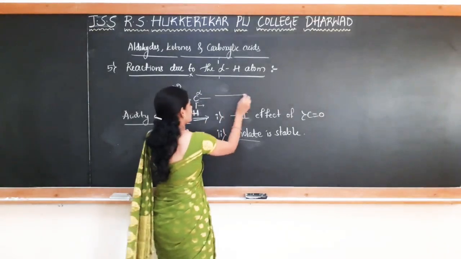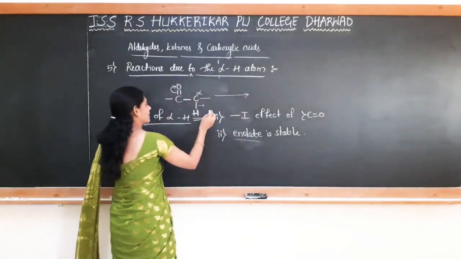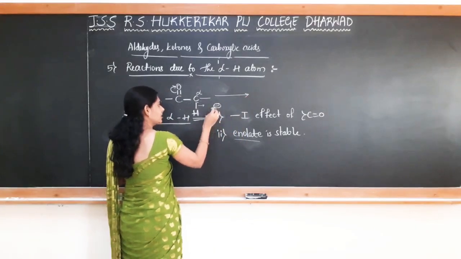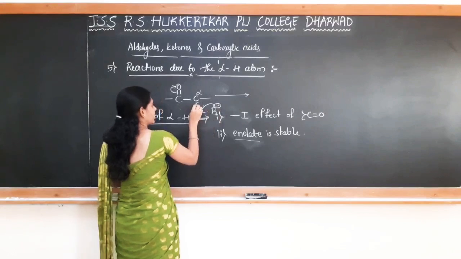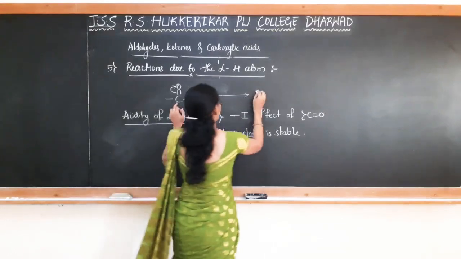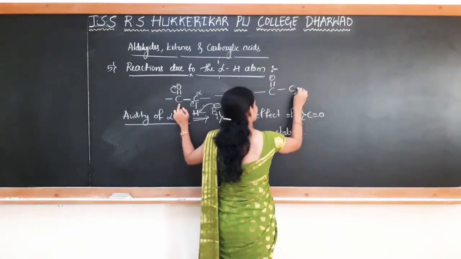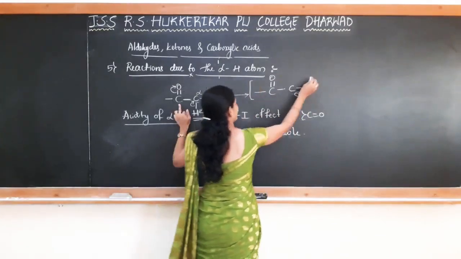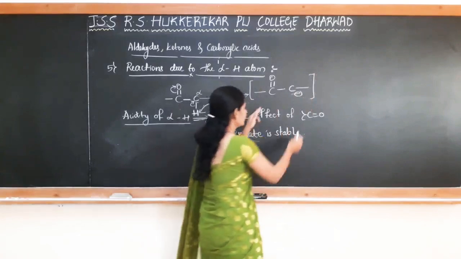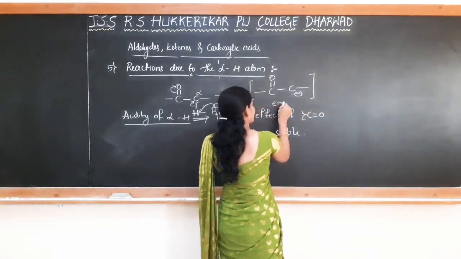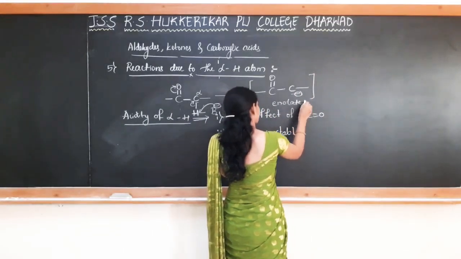Okay, so resonance structure can be written like this. When a base abstracts the proton, the electrons are given to the carbon. So the carbanion form is of this manner. So this is the carbanion formed by the loss of proton. So this carbanion is known as enolate ion.